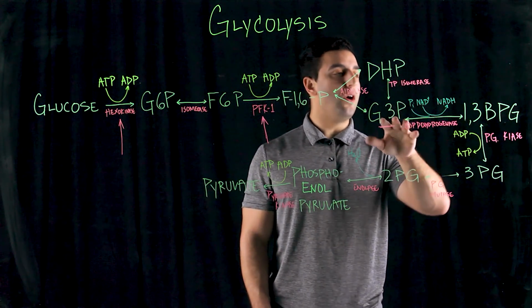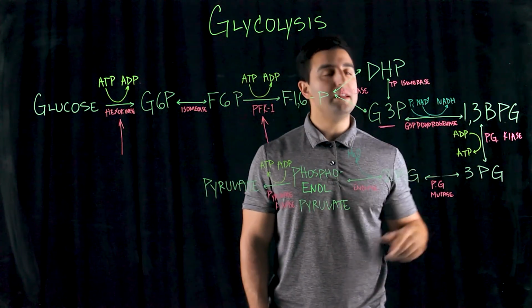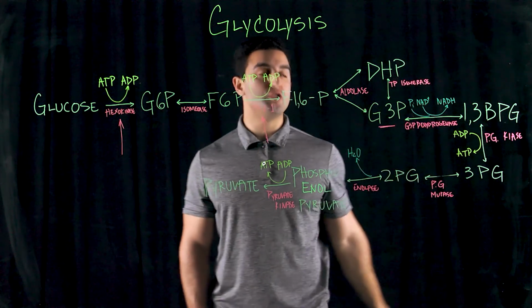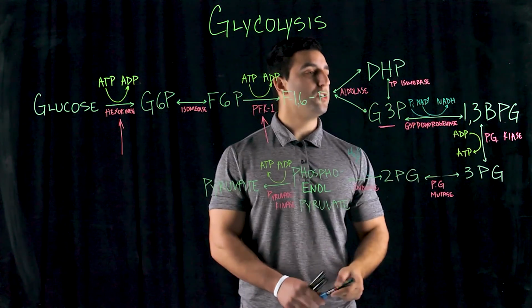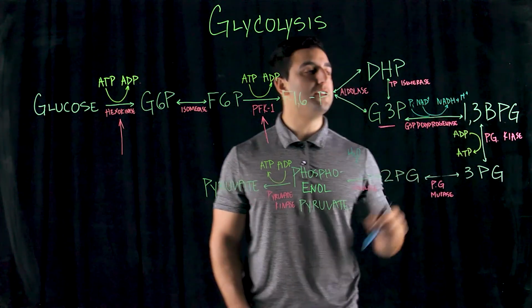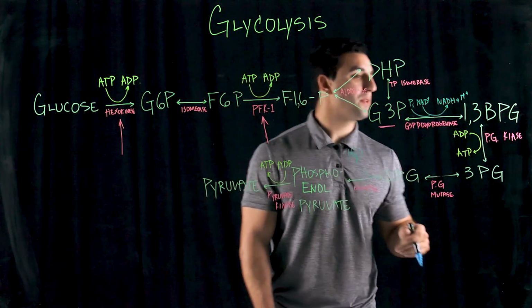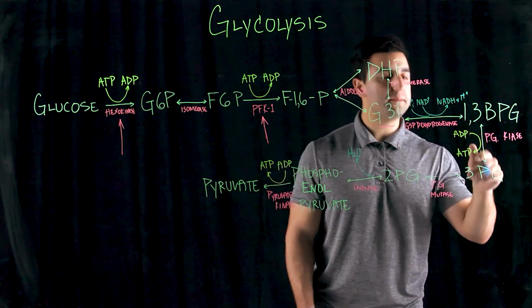All of this is done by the enzyme G3P dehydrogenase. Every time you see a dehydrogenase, you're removing a hydrogen group. Specifically here, two hydrogens are removed. So you'll have a free floating hydrogen and another hydrogen that has reduced the NAD+. And now here you have the 1,3-bisphosphoglycerate.